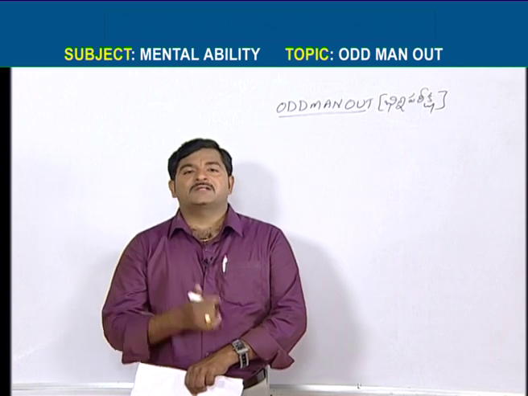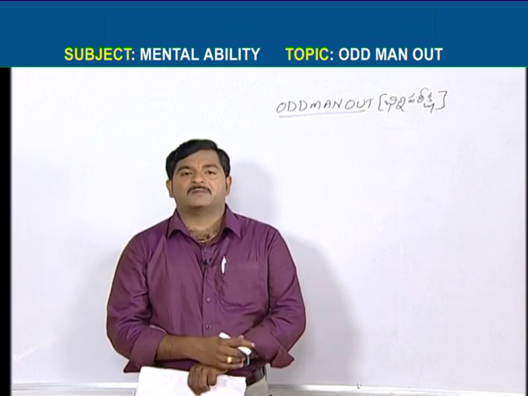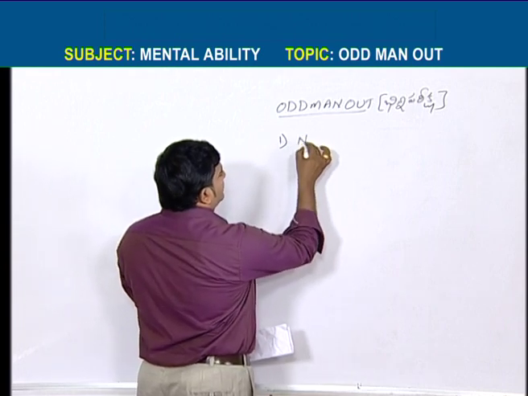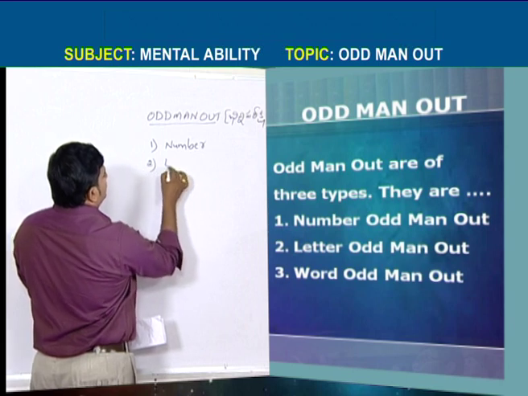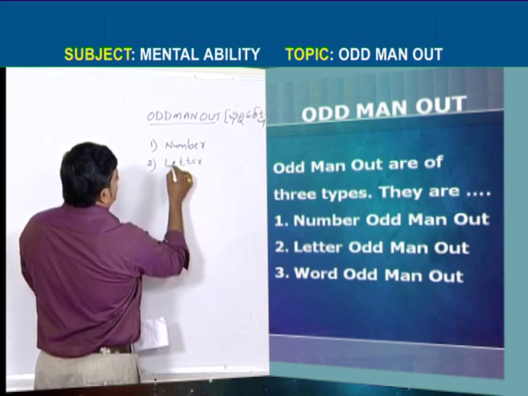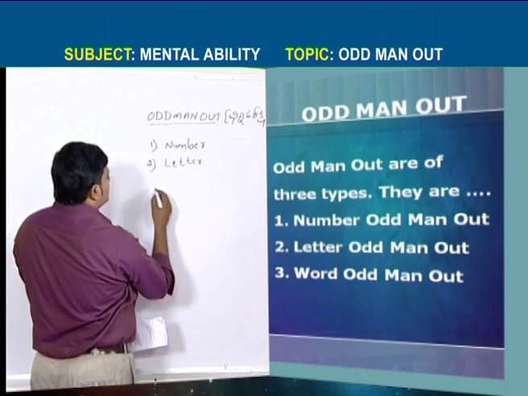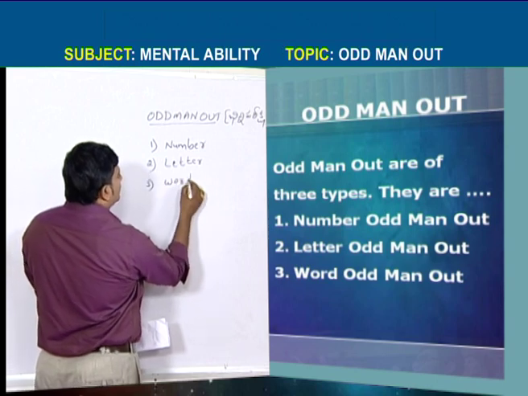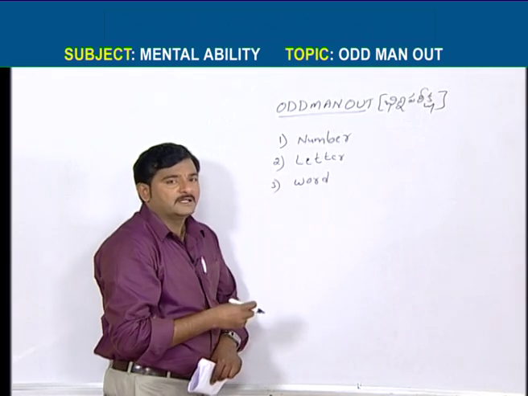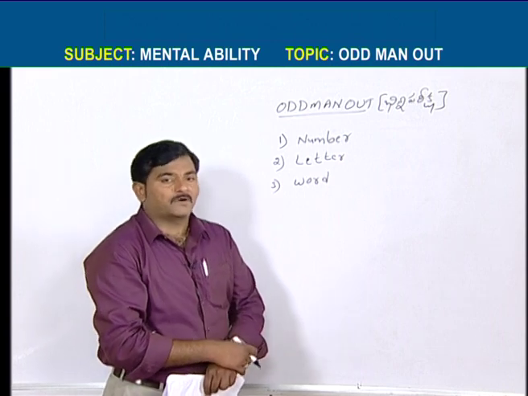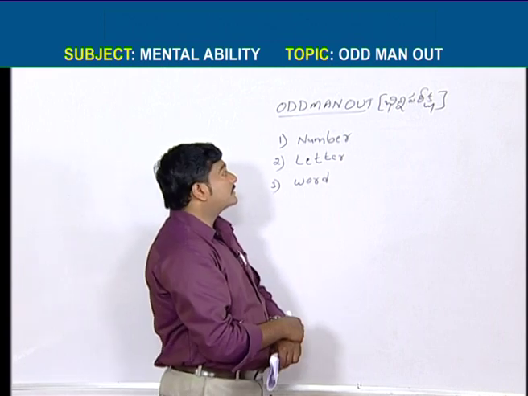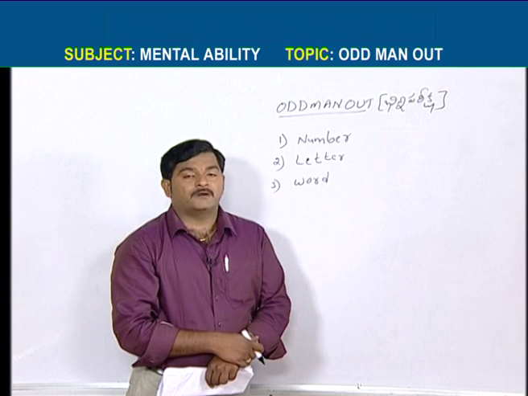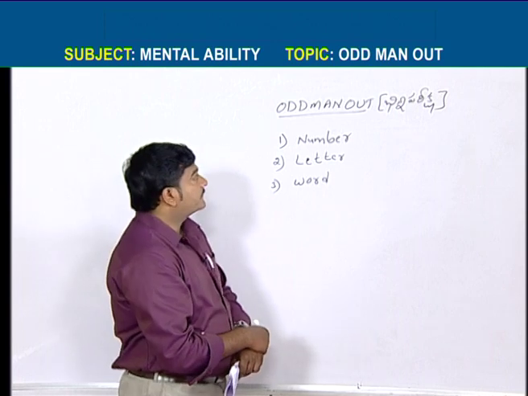There are mainly three types of odd man out: number odd man out, letter odd man out, and word odd man out. Same as in analogy, we have number analogy, letter analogy, word analogy.